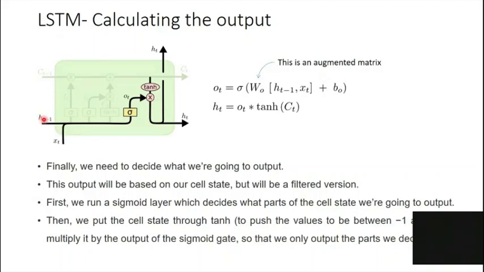So same h of t minus 1 and x of t go in. They go to the sigmoid activation function. The output of that comes here. Then the new memory that is created is passed through a tanh activation function and multiplied to generate h of t.